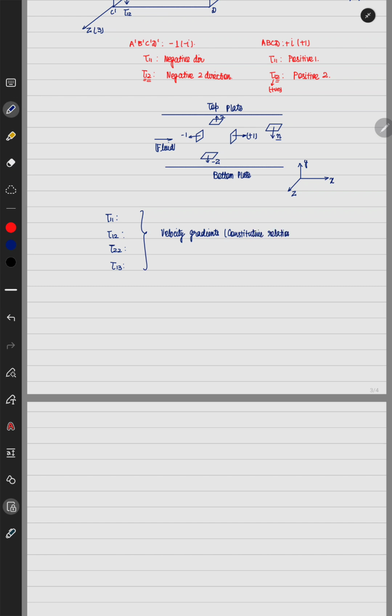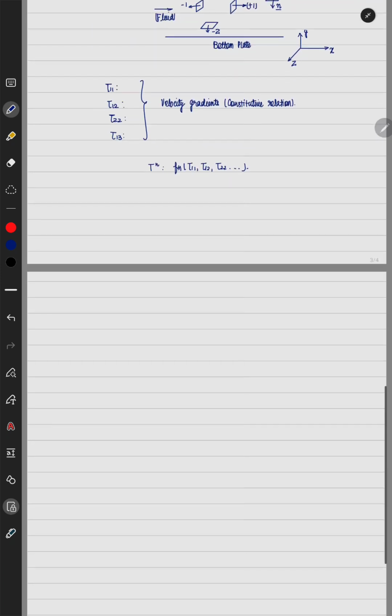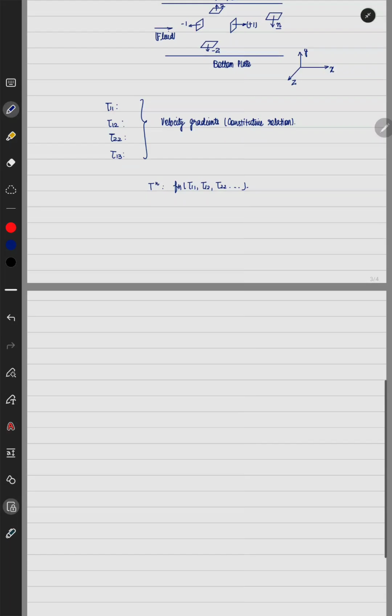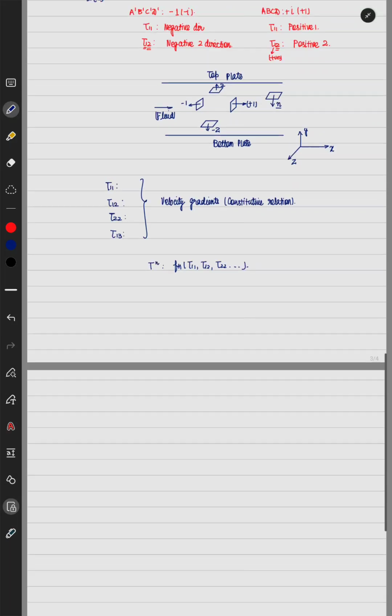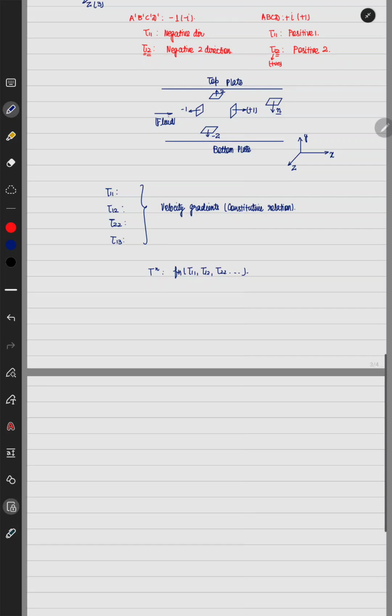So my aim will be to write the area which is oriented along some randomly oriented direction n in terms of tau 11 or tau 12 or tau 22 and so on in some standard direction. So we want to write it in terms of the standard orientation.